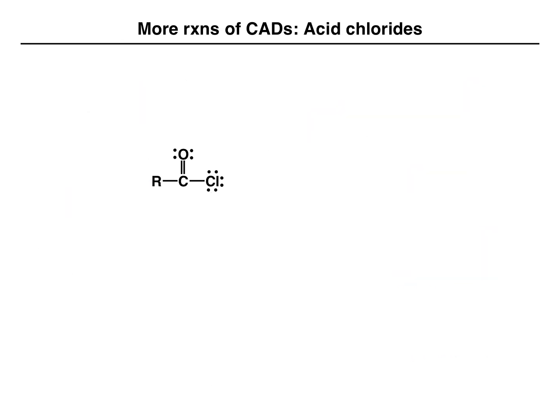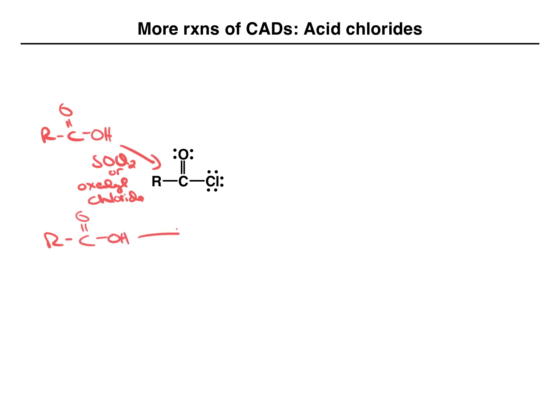For the preparation of an acid chloride, we know that we can convert a carboxylic acid to an acid chloride using either thionyl chloride or oxalyl chloride, or we could convert a carboxylic acid to an acid bromide using PBr3.